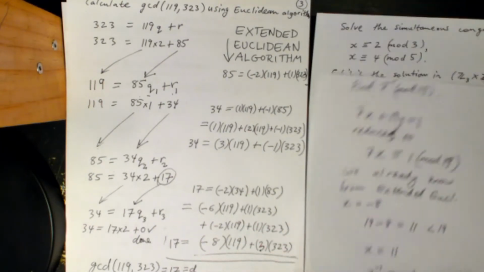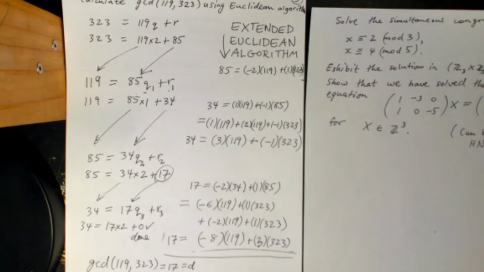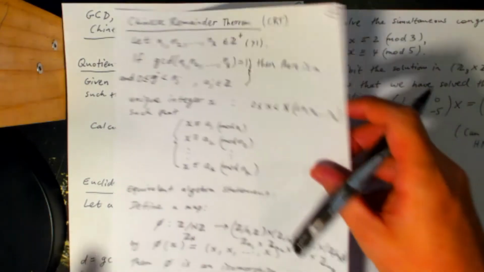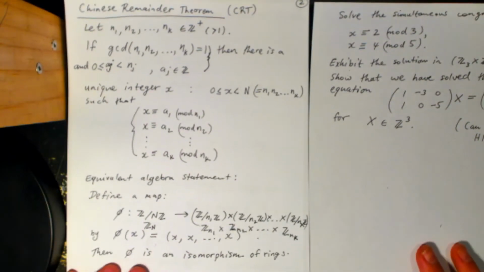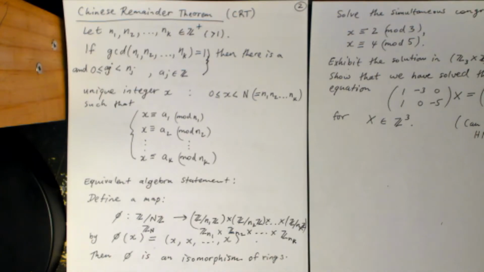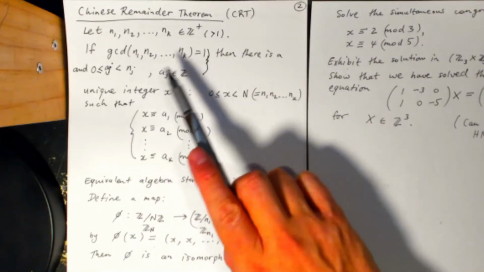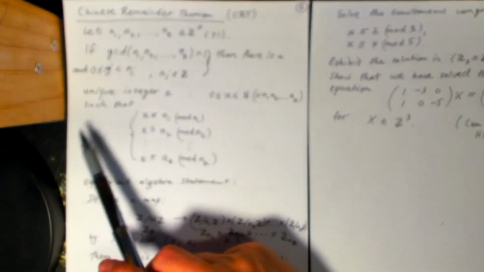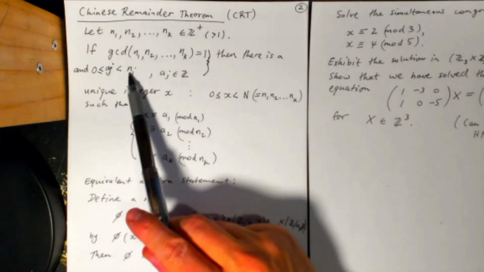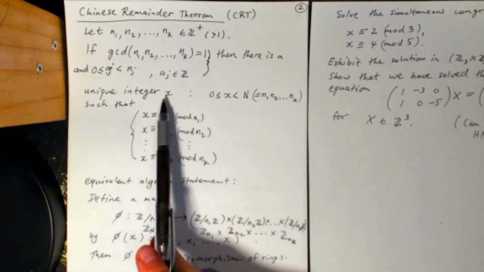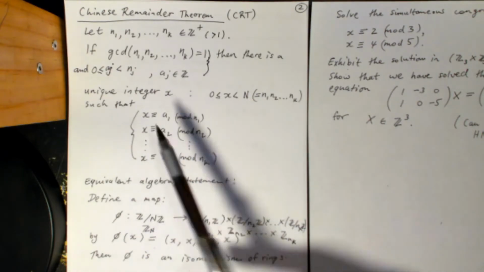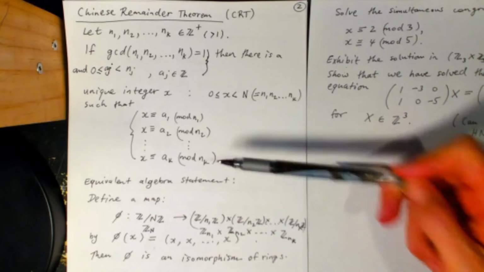Okay, next let's have a look at the Chinese remainder theorem. But for this, I'll pull up the notes that I had on the Chinese remainder theorem. Okay, so remember, if we have relatively prime integers n1, n2 all the way to nk that are greater than 1, and aj between 0 and nj but less than nj, then there's a unique integer x between 0 and n, where n is the product, such that this simultaneous congruence is satisfied.